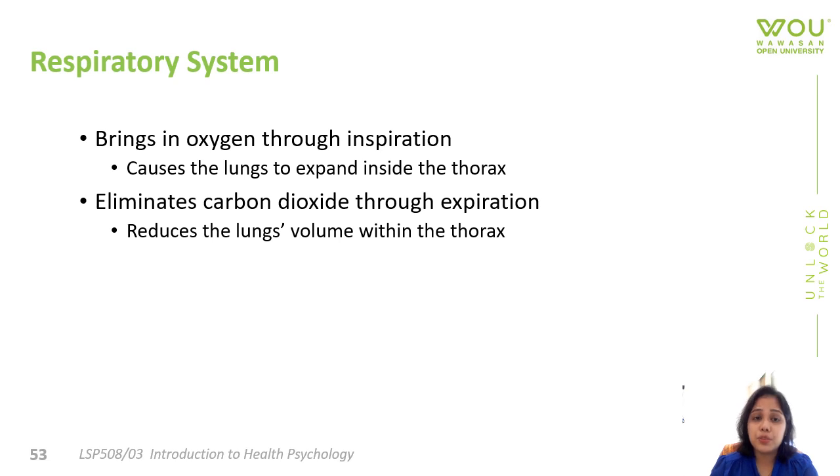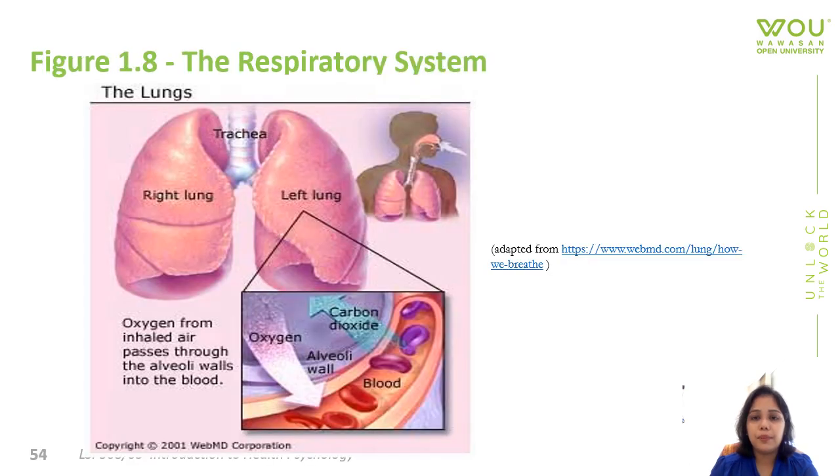Of course, the respiratory system, as we know, brings in oxygen through inspiration. The lung expands inside the thorax and then eliminates carbon dioxide through expiration, where it reduces the lung volume in the thorax.